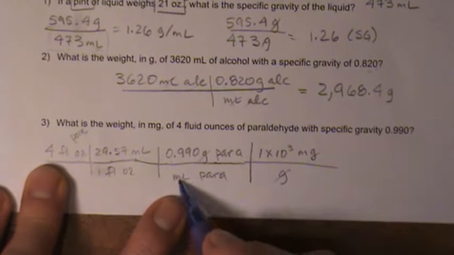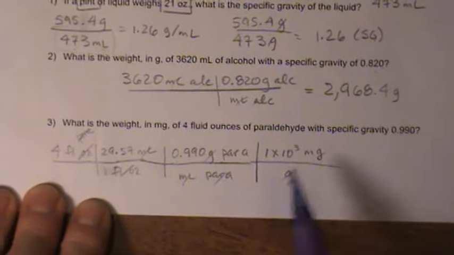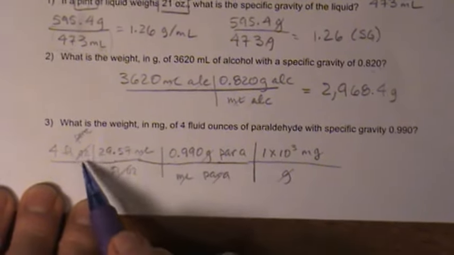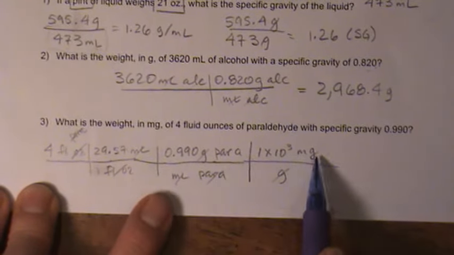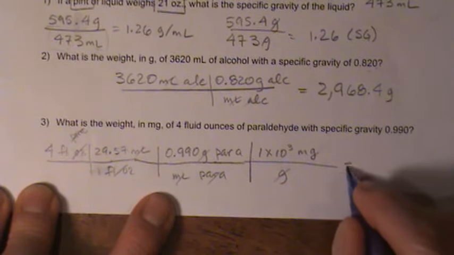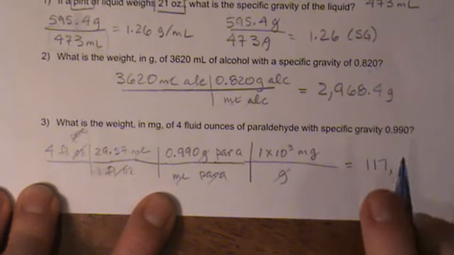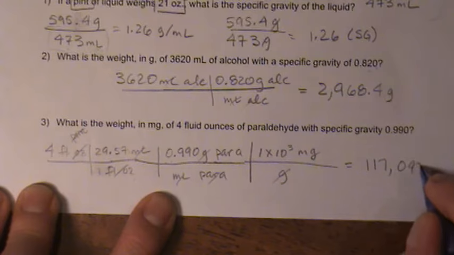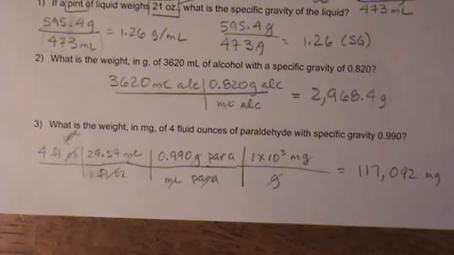My grams, my mils of paraldehyde, my fluid ounces, and I am left with milligrams of paraldehyde, which is exactly what I wanted, and the answer is 117,092 milligrams.